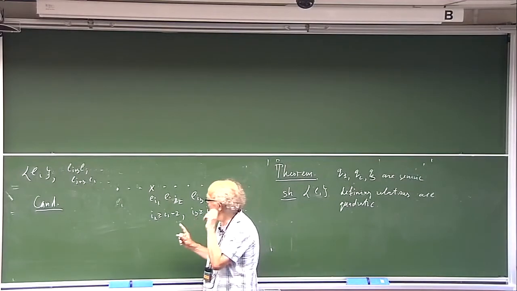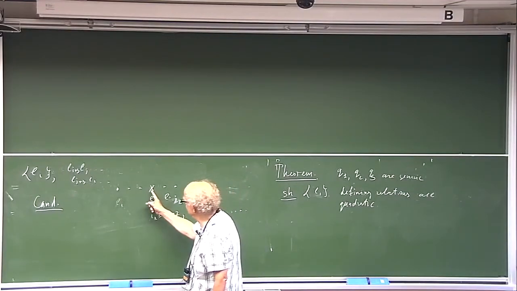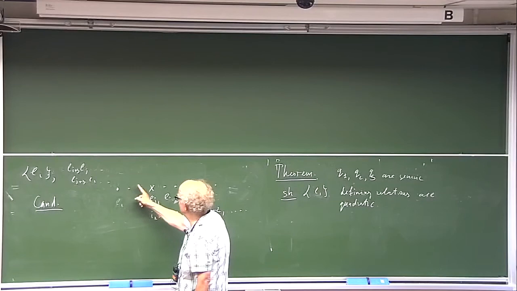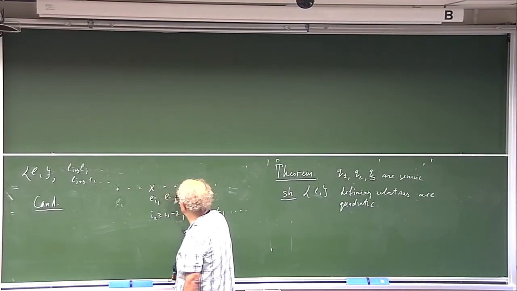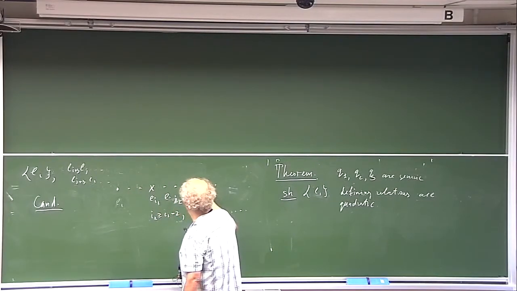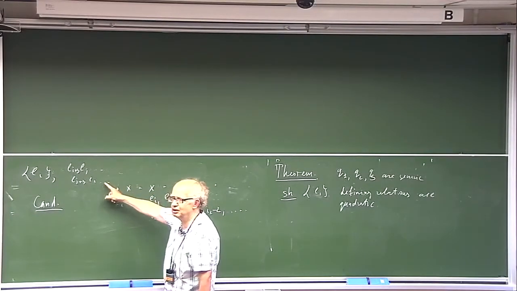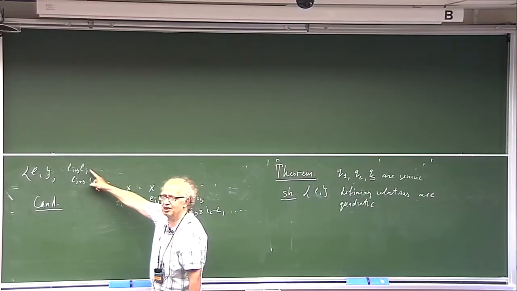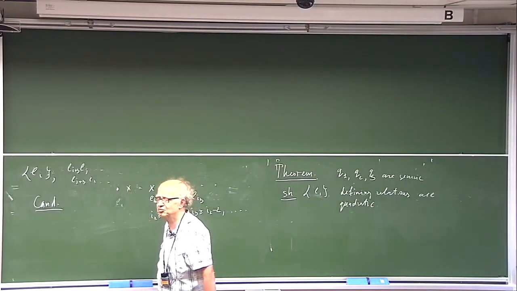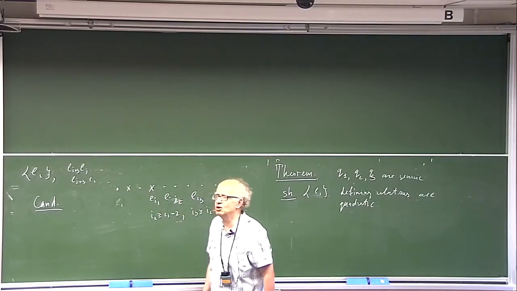So, this element, next can be something from this, and for example, this. Next can be this or bigger. Next can be this or bigger, and so on.